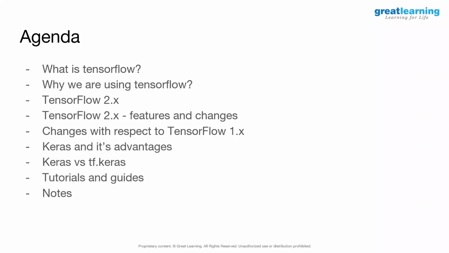Then we'll switch to Keras. Keras is another tool used over and above TensorFlow to build all deep neural network based models. You can build deep neural network models either using TensorFlow or using Keras.